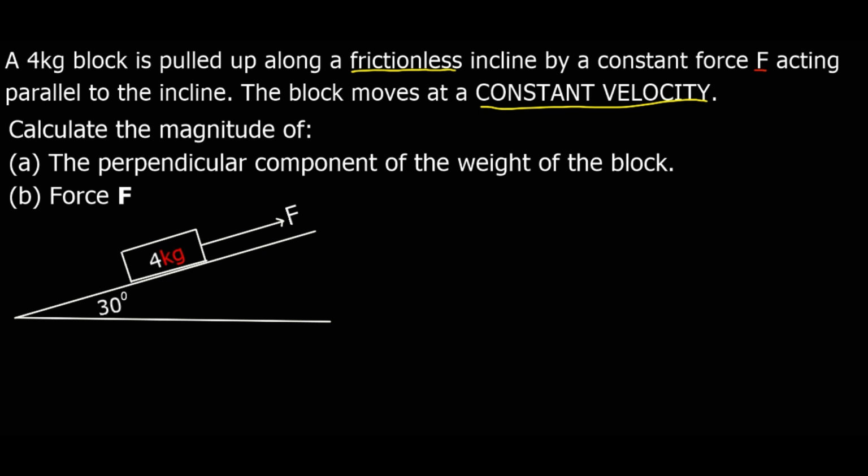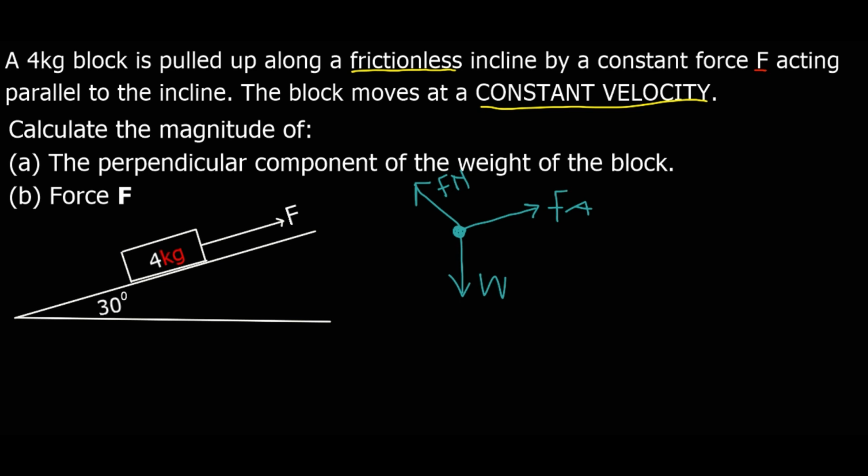So now let's look at this question. Calculate the magnitude of the perpendicular component of the weight of the block. First, I draw a free body diagram of this situation. This block is being pulled up, so we have a force applied going up, and obviously we have a weight force, which is always downwards, and then a normal force in this direction.